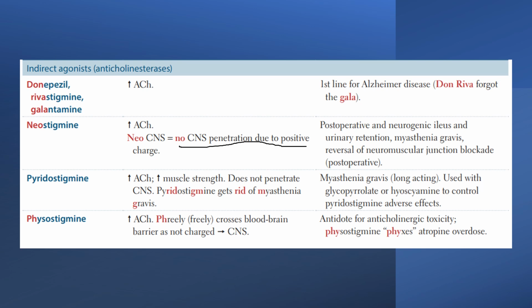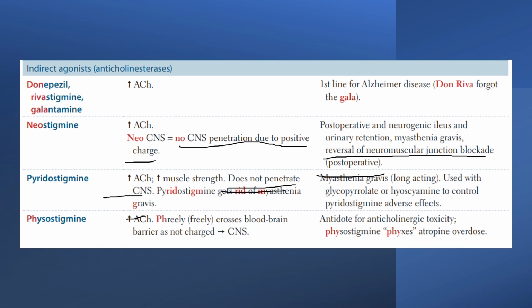It is used for postoperative and neurologic ileus, myasthenia gravis, and reversal of neuromuscular junction blockade. This is important, postoperative. Pyridostigmine does not penetrate the CNS, and it treats myasthenia gravis.